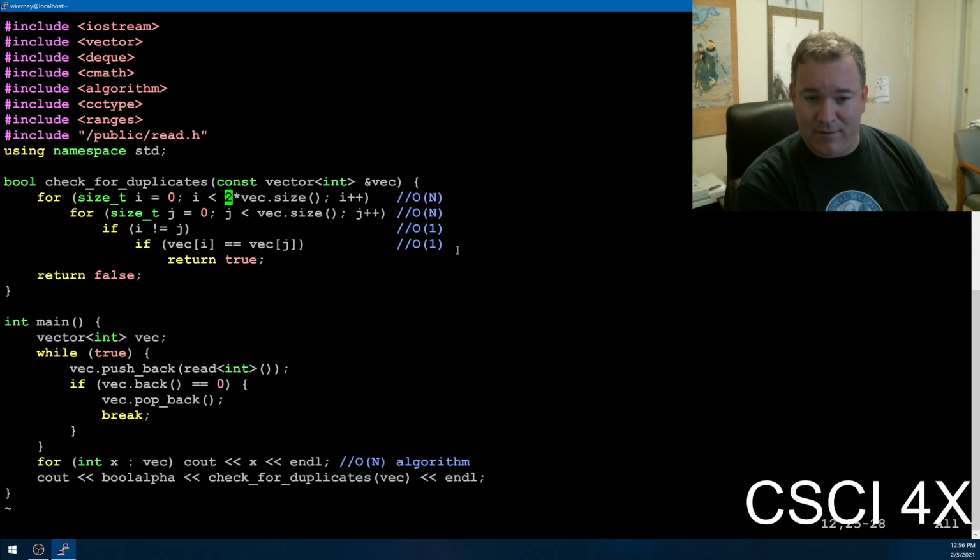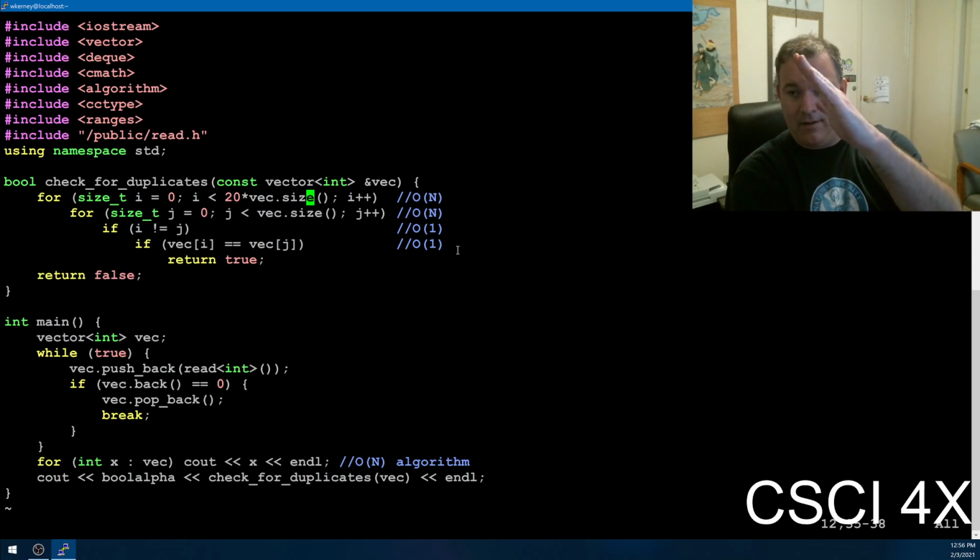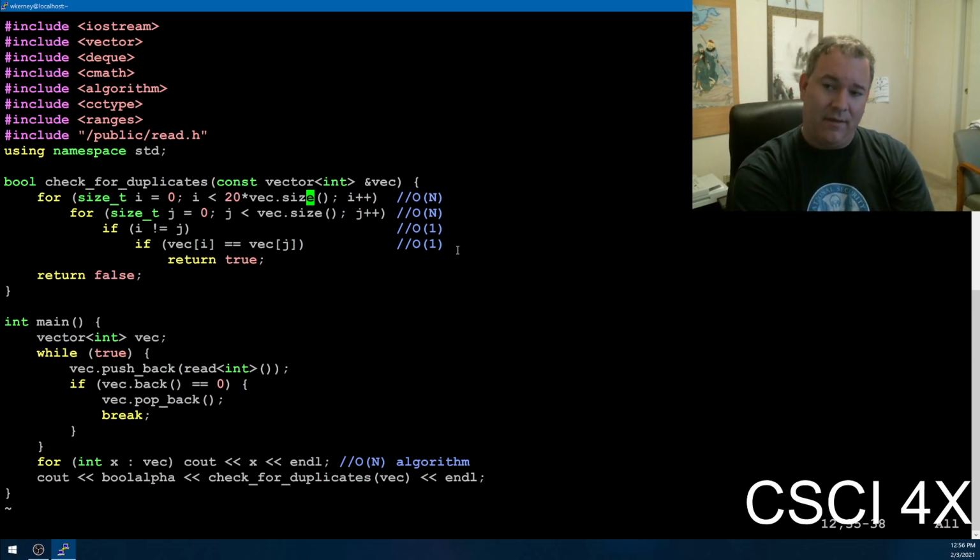Even if it was 20 times the size of the vector, that is still order n. It is a linear curve, a linear relationship between the size of the vector and the amount of time it takes. We don't care.